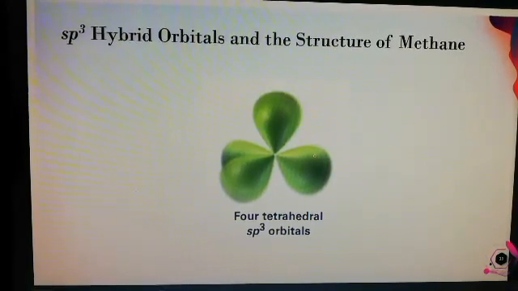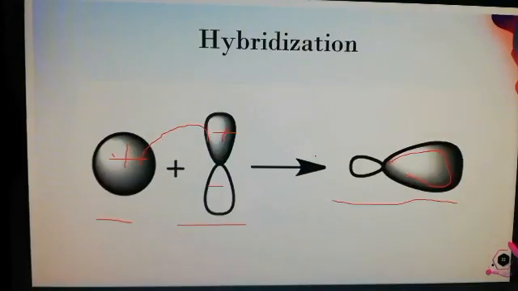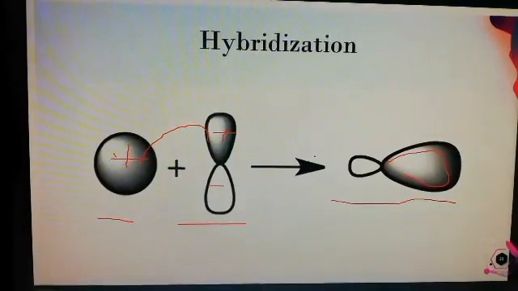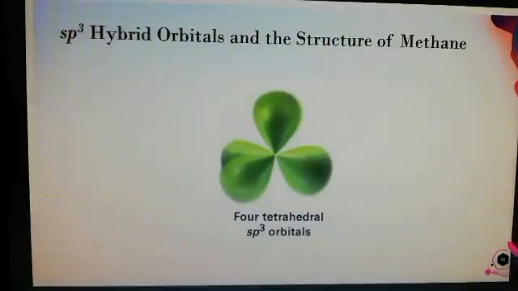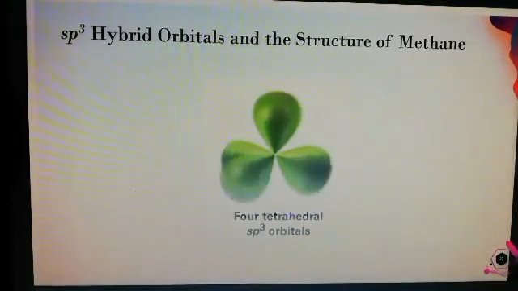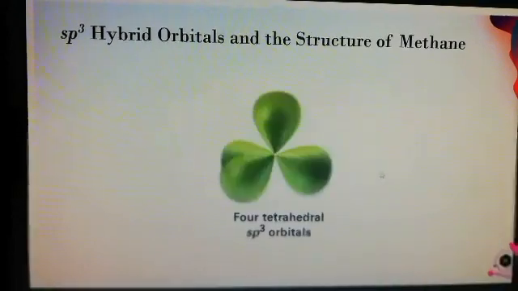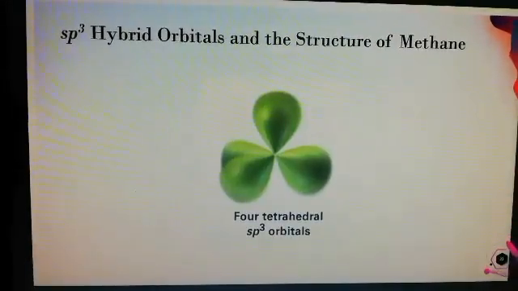So, when a p orbital hybridizes with an s orbital, yan. So, nag-a-add ngayon yung ating positive sign doon sa positive lobe ng p orbital doon sa ating s orbital. Okay. So, this is how covalent bonds exist in sp3 hybridization and how methane structure is formed.